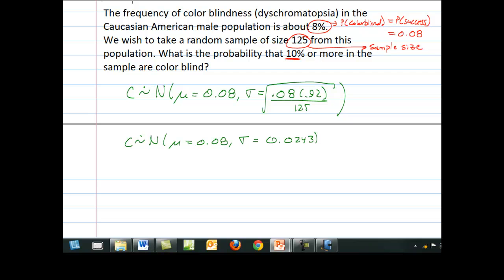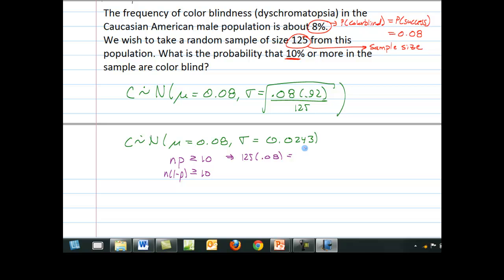Now when we're working through this, the next question is, is this a good approximation? Well, let's check to make sure that np is greater than or equal to 10, and also that n times 1 minus p is greater than or equal to 10. So n is 125, p is 0.08, and 125 times 0.08 is 10.